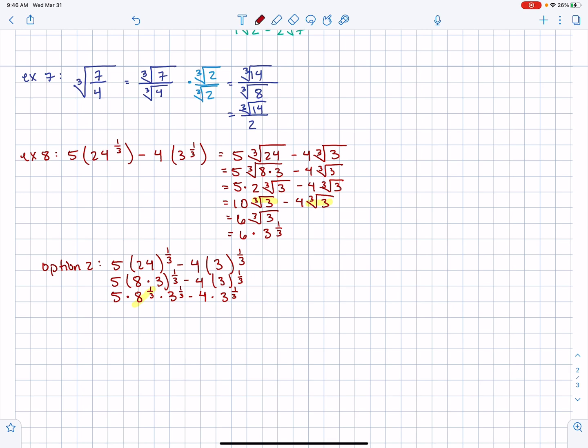So it's really, really similar steps to the other one. 5 times 2 times 3 to the 1/3 minus 4 times 3 to the 1/3. 10 times 3 to the 1/3 minus 4 times 3 to the 1/3. I am going to factor this out though, so I'm going to write this as 10 minus 4, factoring out a 3 to the 1/3, and 10 minus 4 of course is 6, times 3 to the 1/3, which is exactly what we got in the other one, just a different way of looking at it.